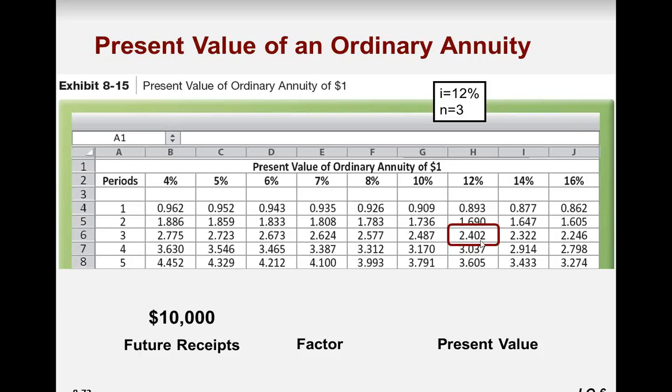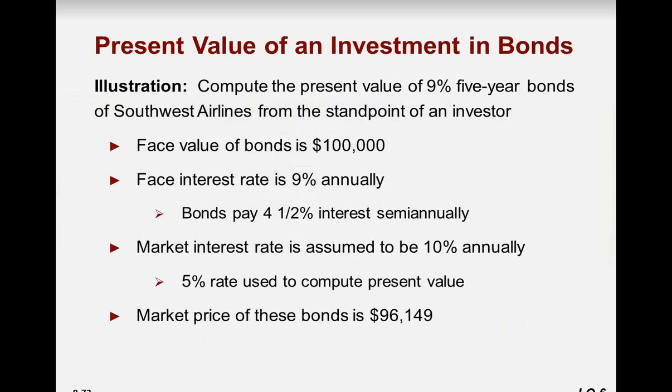So our factor would be 2.402. We would take 10,000 times the 2.402 to get the 24,020. So if I put 24,020 in, I will get back $10,000 each year for the next 3 years.